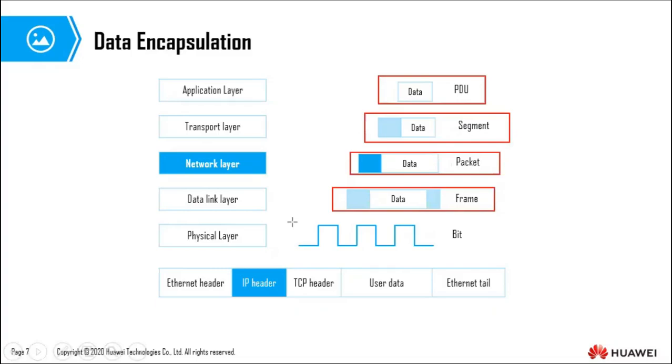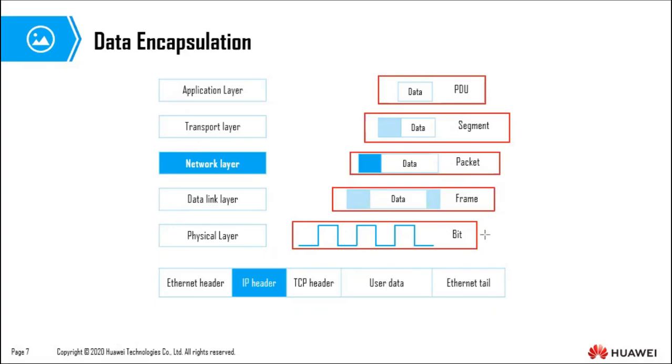Finally, the data will reach the physical layer where it's going to be converted into electrical signals or light signals or microwave. At this layer, we call the PDU, or the protocol data unit, bits.